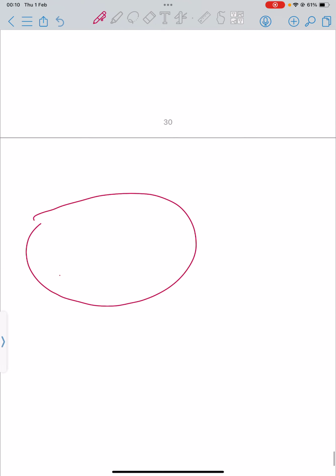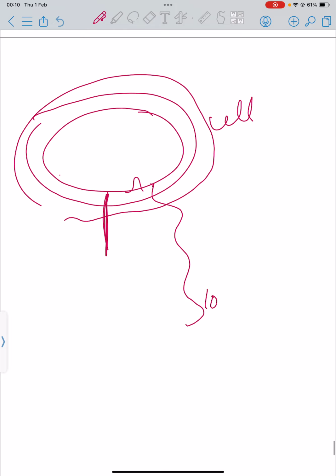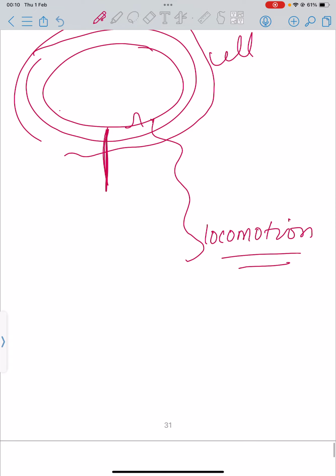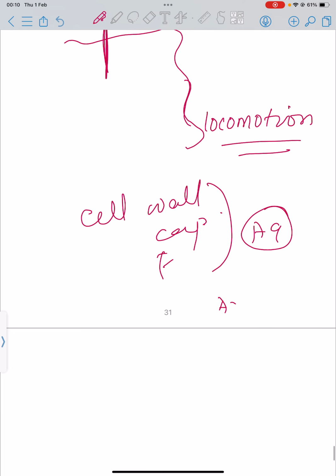Now we completed cell wall, cell membrane, capsule, pili, even flagella. Flagella are basically organs for locomotion. And mind you, all these things, cell wall, capsule, flagella, they are antigenic. So any antigen-antibody test will be positive in case of these organisms.